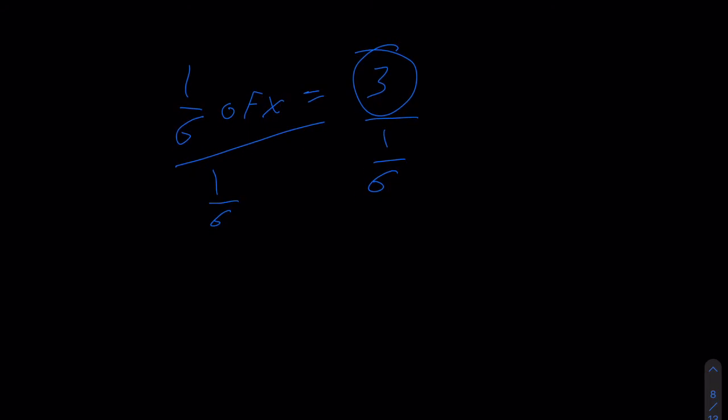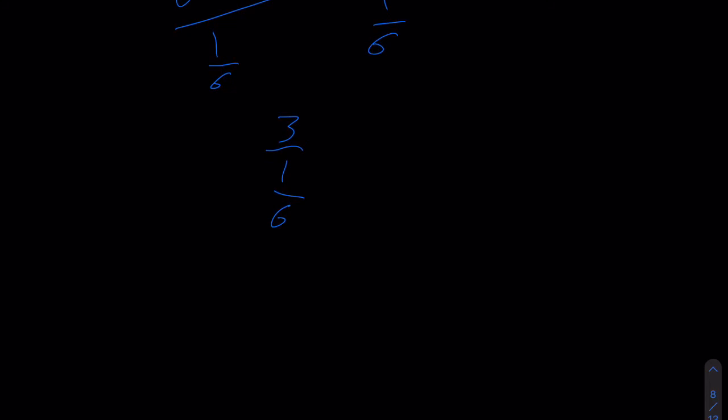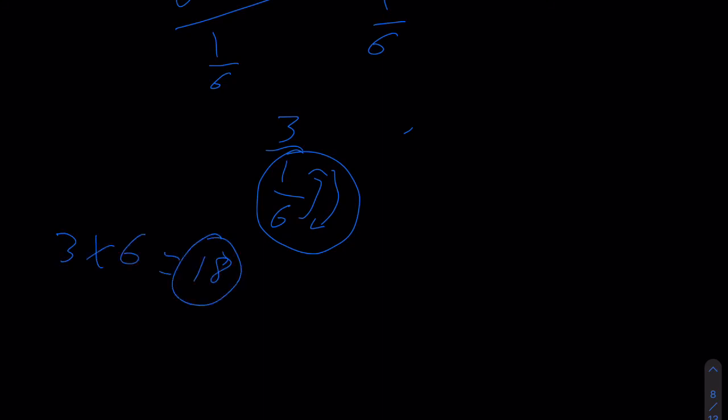And then to find 3 over 1/6, what you can do is flip the numerator and the denominator of the bottom fraction, and then you can multiply it. So that will be 3 by 6, which will give you 18.